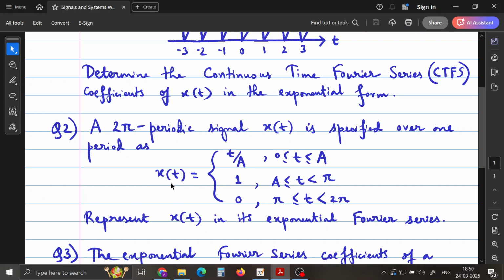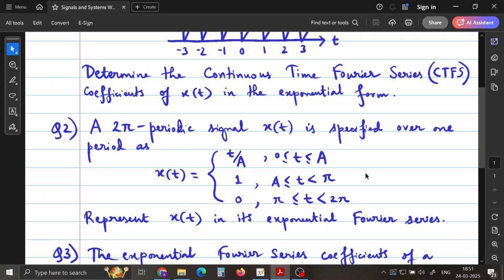So x of t has three different forms within these sub intervals. From 0 to capital A, it has the form t by capital A. From capital A to pi, it has the value 1. From pi to 2 pi, it has the value 0. So the entire time period 0 to 2 pi has been split into three sub intervals, in which this function x of t has three different forms.